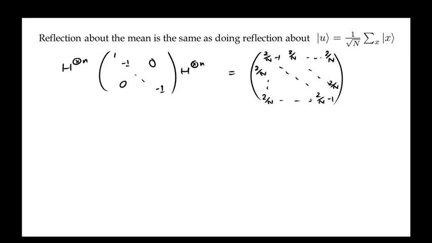So now let's understand what this does if our input superposition is summation over x, alpha x, x. So we have alpha 0 through alpha n minus 1.